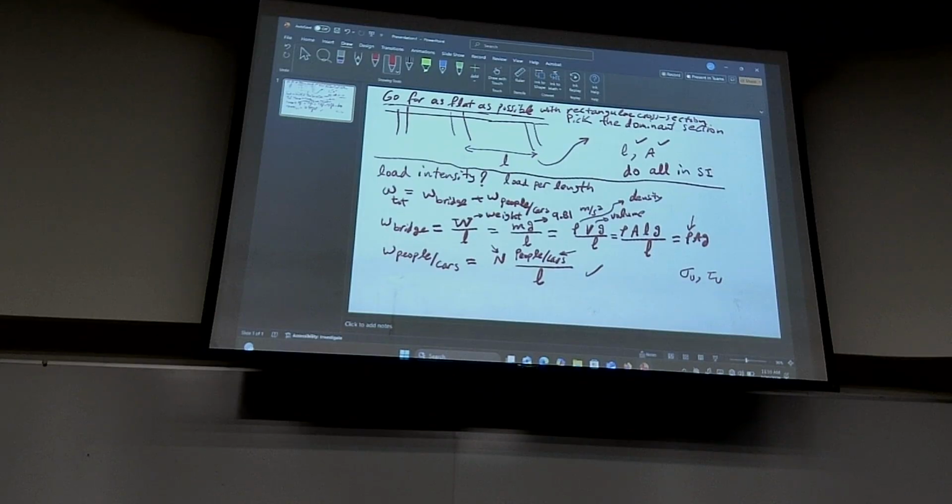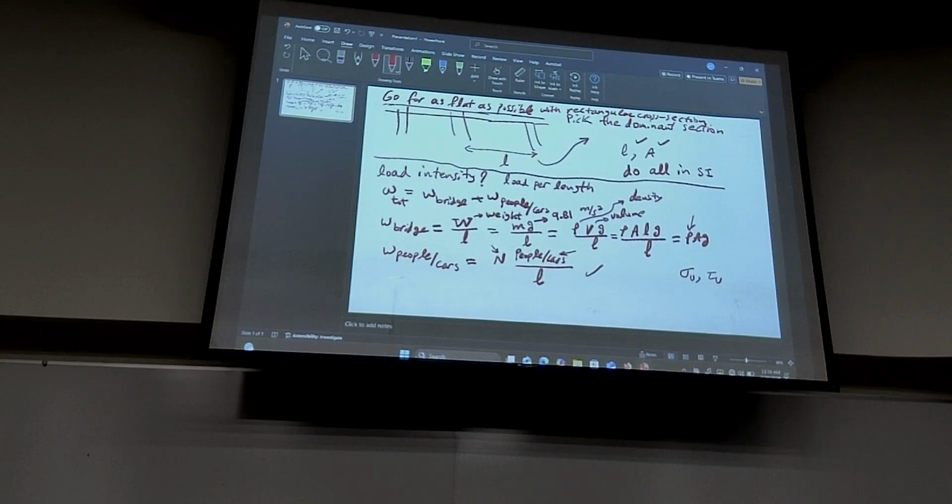Now, what about W of the bridge, the material of the bridge? I reason that I'm looking for really weight per length. Weight, I know this, is mass times g, the acceleration, which you take as 9.81 in SI units. And M, I reason that it's density times volume.